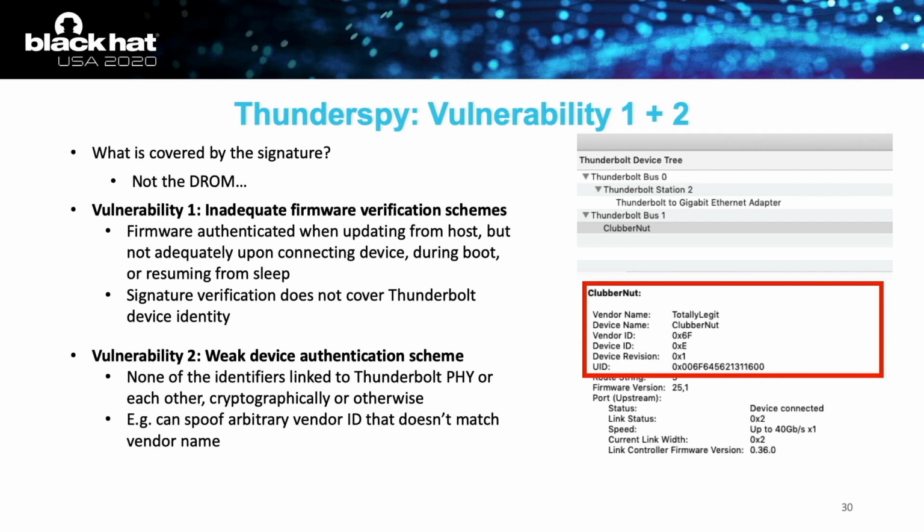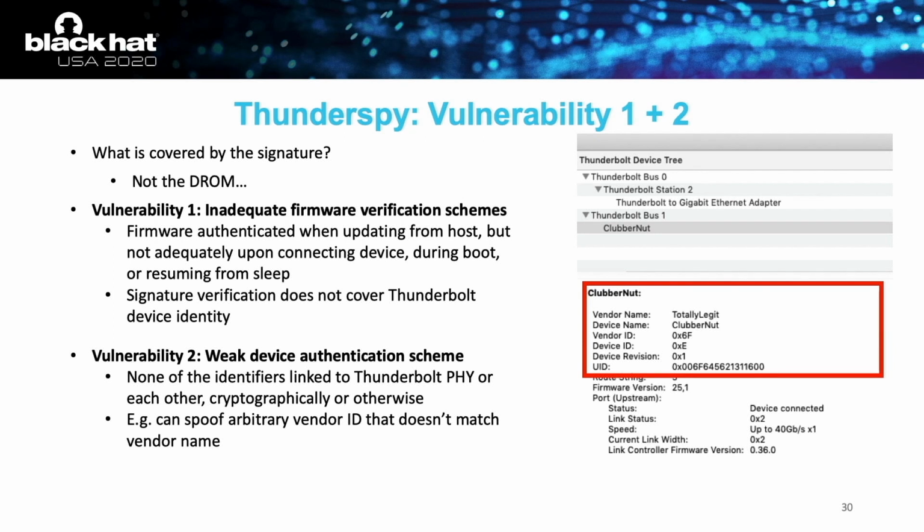And this was quite puzzling at first because when you apply vendor updates, for example, updates that you download from a website, then the DROM is actually part of the signature check, but when you do in-system programming, it is apparently not.